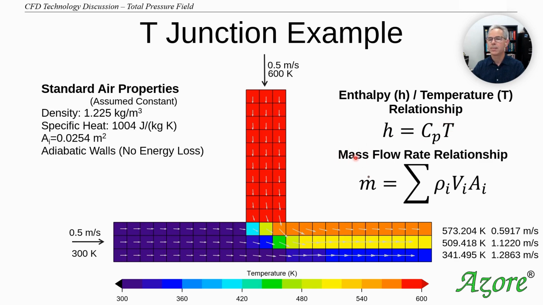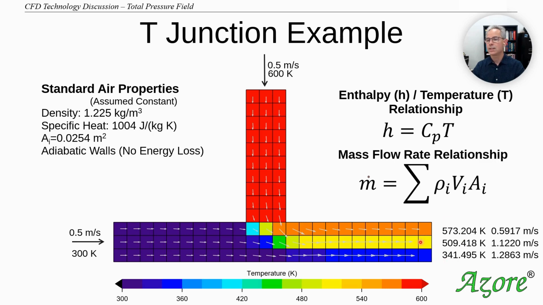And then we have the mass flow rate through one of these surfaces, which is the sum of the density times the velocity times the area for each one of these cell faces. So with all of this information, we can calculate the amount of energy entering here and the amount of energy entering here, and then we can look at the amount of energy leaving here. We can calculate that even before we run a CFD simulation.